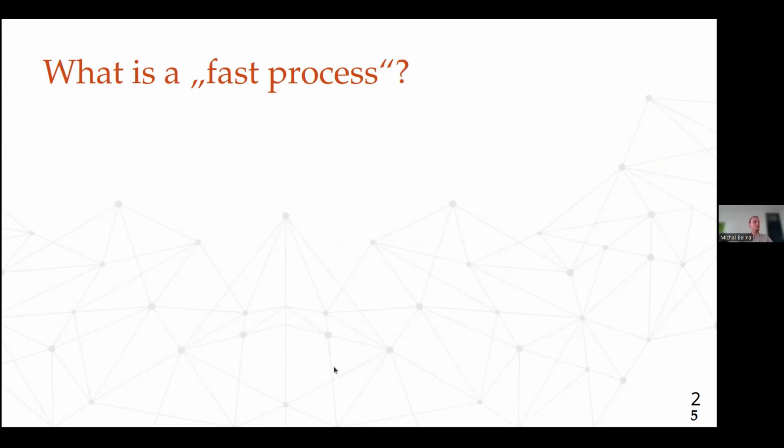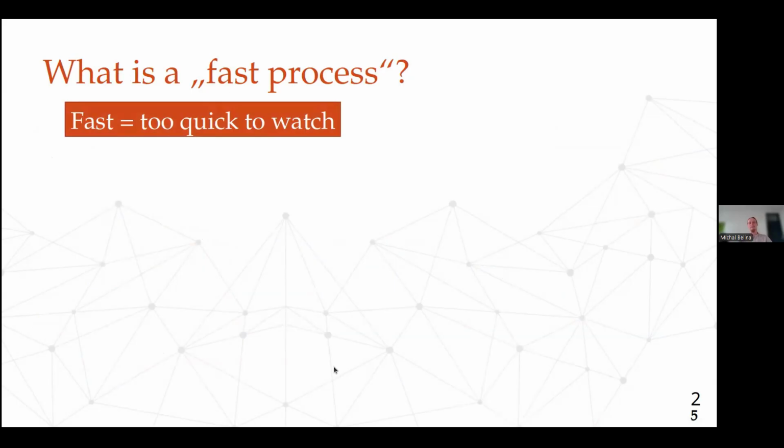How do you define a fast process? Generally, it's something that's happening too quickly to watch, or on the same time scale. And this ability to watch, or the time resolution with which humankind was able to observe processes around us, of course changes over time, right? During the evolution of science and so on.